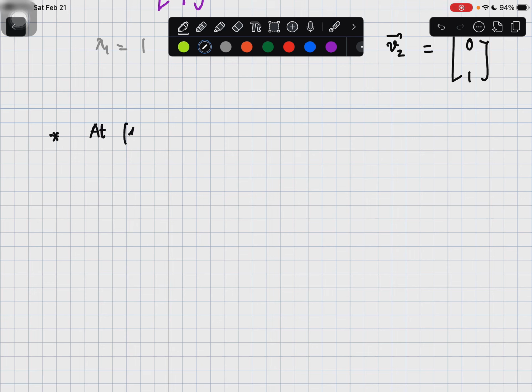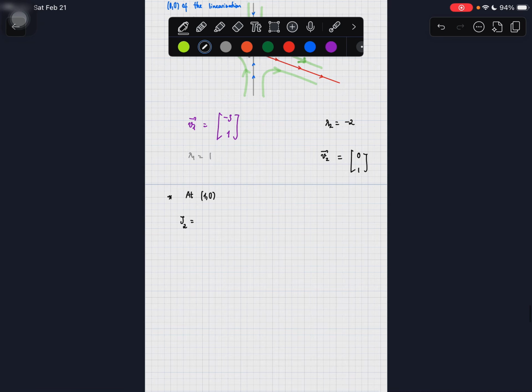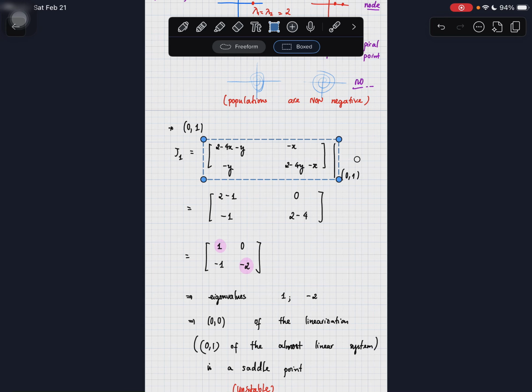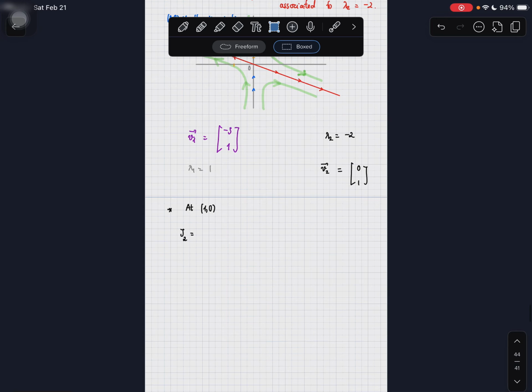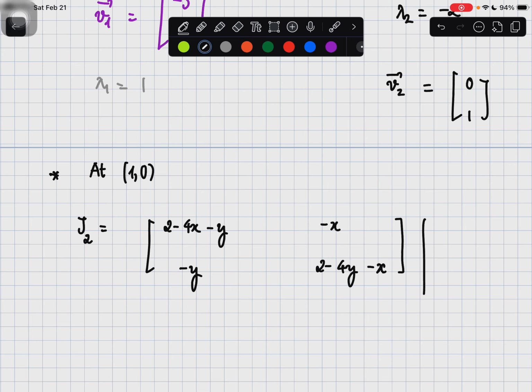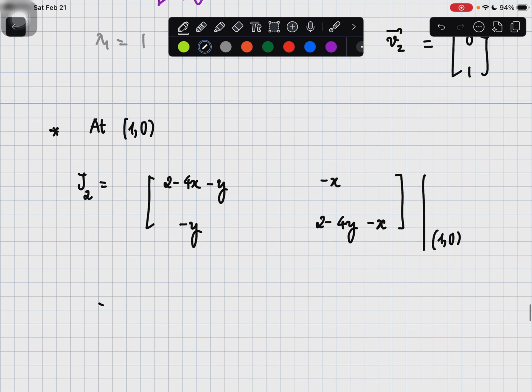At (1, 0), J2 has entries 2 minus 4 minus 1, 0, 2 minus 0 minus 1, so minus 2, minus 1, 0, 1.